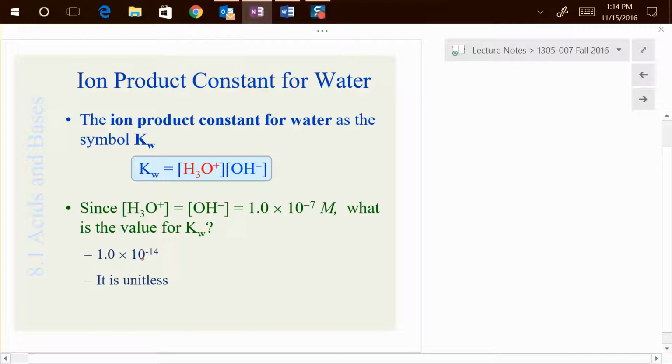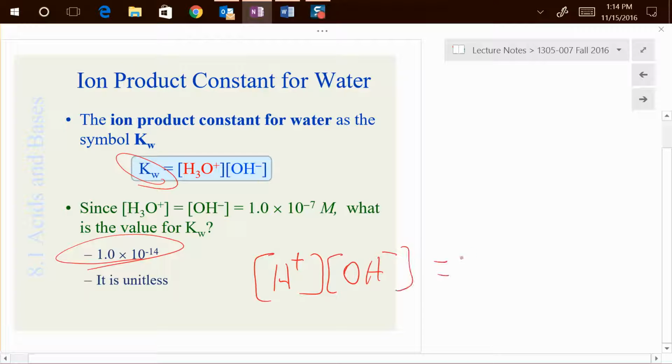So what's the significance of that? Well, we call that our Kw. The Kw is the equilibrium constant of water. The H plus times the OH minus equals 1 times 10 to the negative 14. So what if my H plus was something other than 1 times 10 to the negative 7?